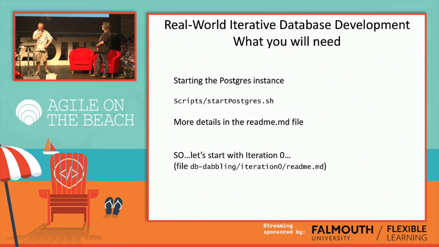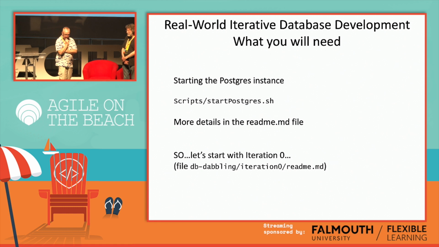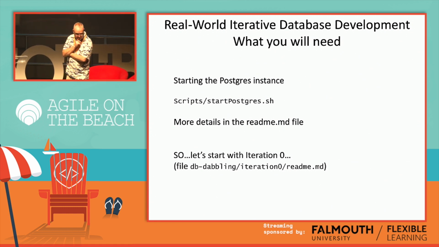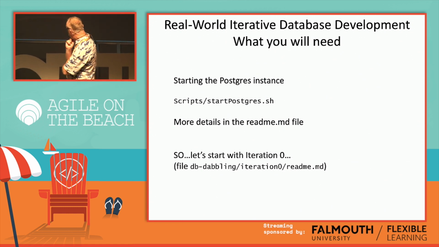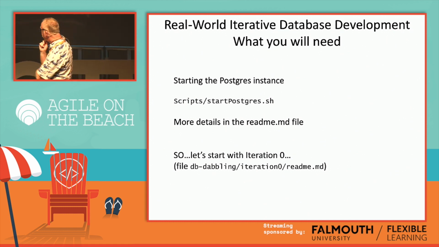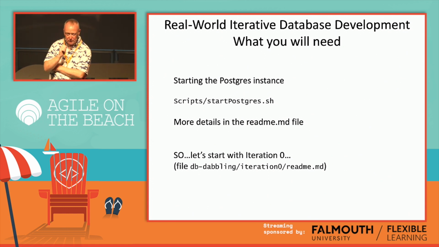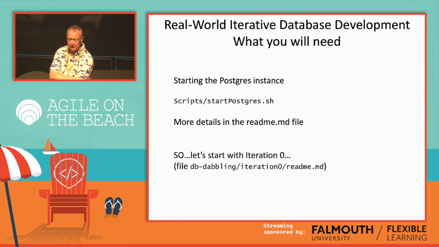Now, in the repository, right at the top level, there's a directory called scripts, and there's a script called start postgres shell. Basically, all that's doing is just firing up a Dockerized Postgres. It'll download it, and it will just come up with the right config that we need for this exercise.